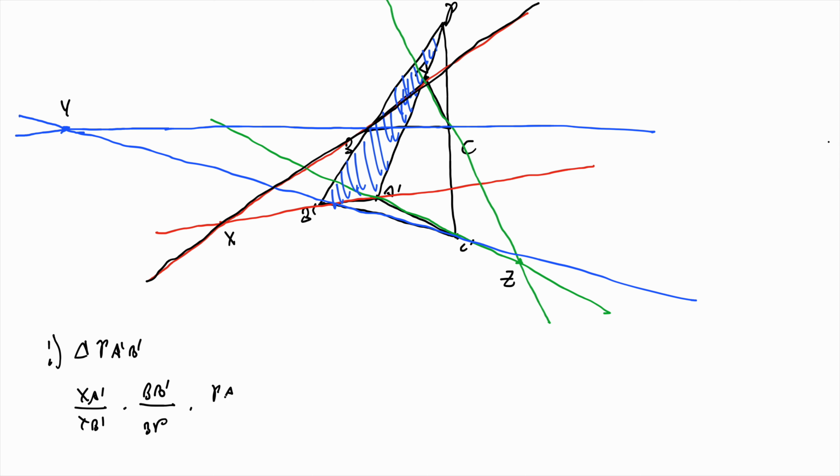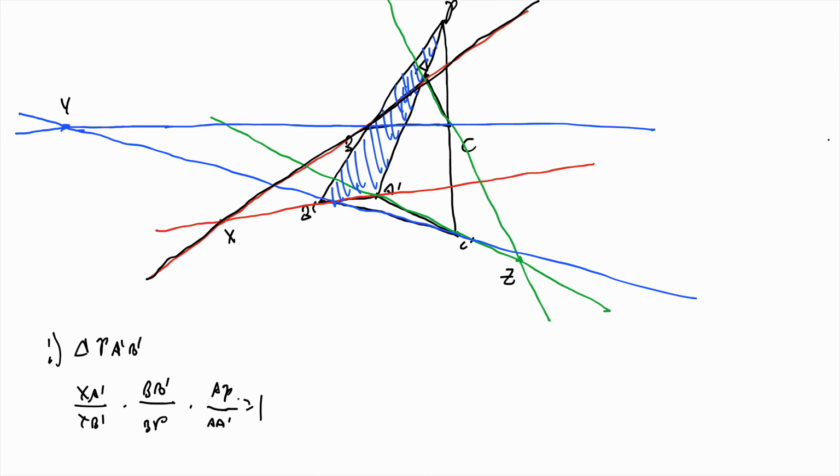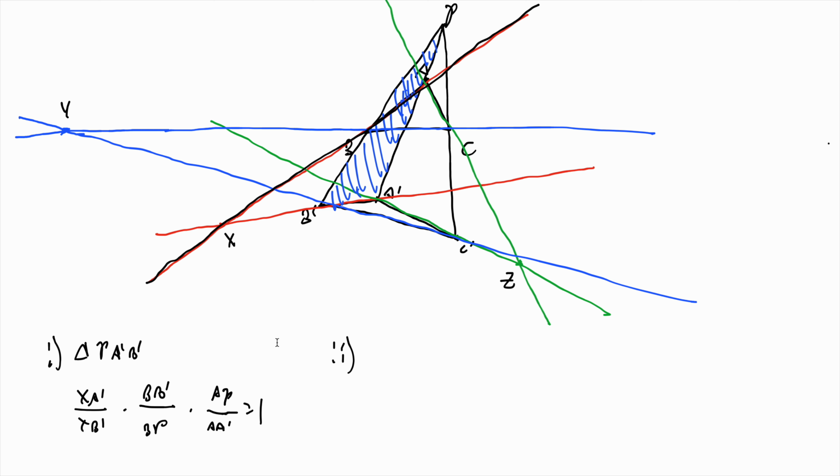We have AP and AA prime. This is simply equal to 1, not negative 1 here, because as I mentioned, that was for signed. X B, this is B, right? Yeah.